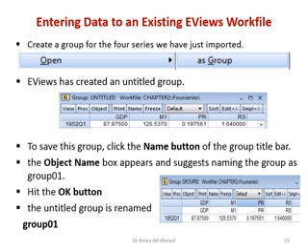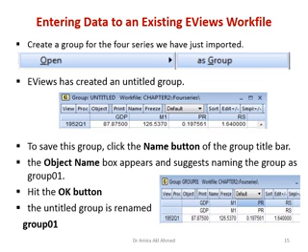Now assume that you want to create a group containing the 4 series we have just imported. The easiest way to do so is to select the 4 series directly from the work file and highlight them together. By right-clicking, a drop-down menu appears.